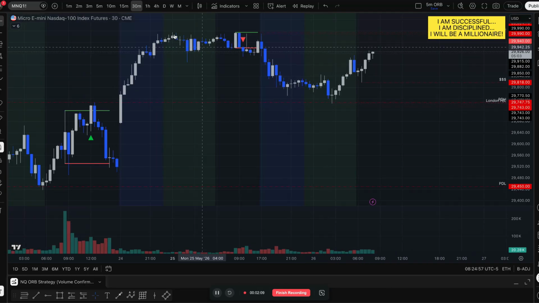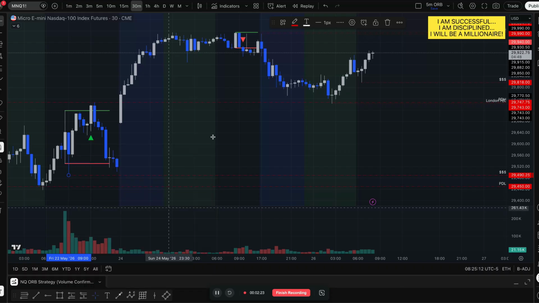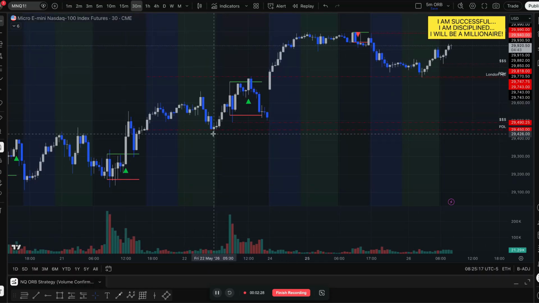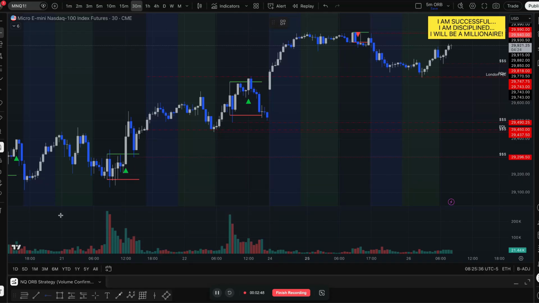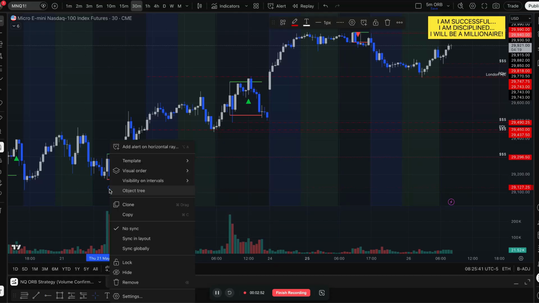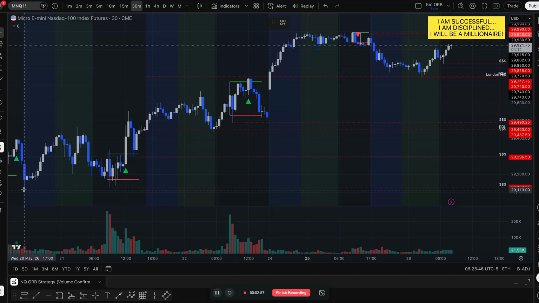That amount of liquidity has been. Mark London high low if they have not been taken out either. So right here, London. So there's my pre-session low. And then I mark pre-session high if we happen to have that is different from London.